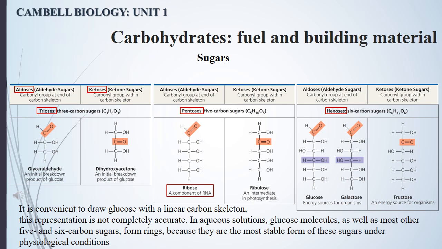Now, these sugars are drawn in a linear form for convenience, but in reality, in aqueous solution, 5 and 6 carbon sugars are actually rings, because ring structures are the most stable in physiological systems.